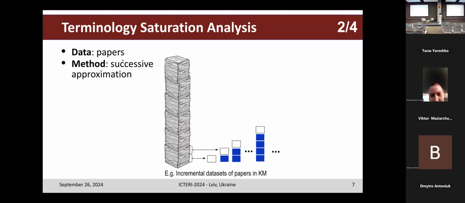For processing these papers, we used the successive approximation approach. So we took the chunks of papers from the collection and built incremental textual datasets by adding a chunk every iteration. We aimed at measuring the terminological difference between those successive incremental datasets.